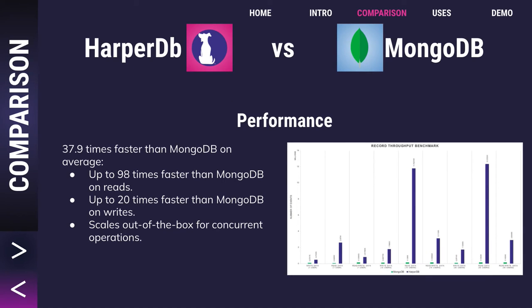HarperDB averages 37.9 times faster than MongoDB, and it can go up to 98 times faster than MongoDB when reading documents, up to 20 times faster in writing documents, and overall in concurrent operations it outperforms MongoDB as well. The benchmark for these tests and the methodologies can be found in the description box at the bottom of this video.